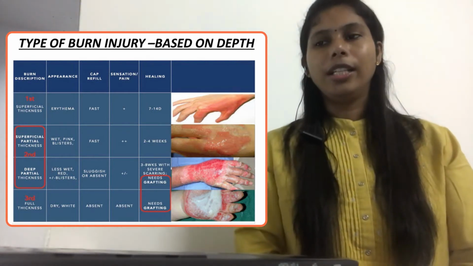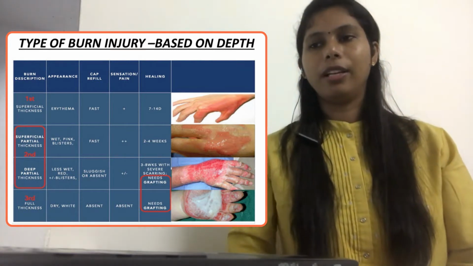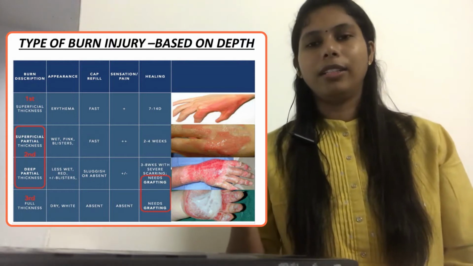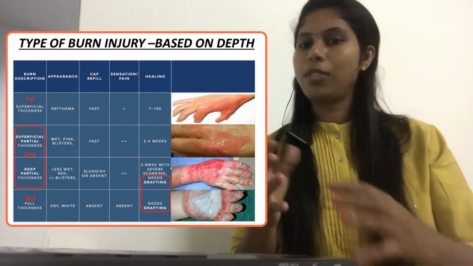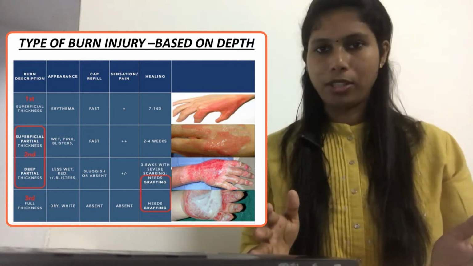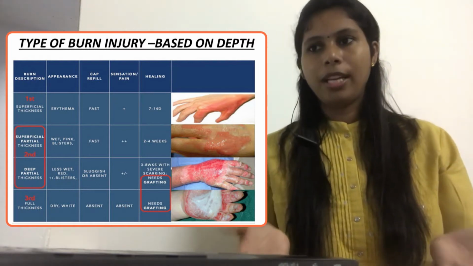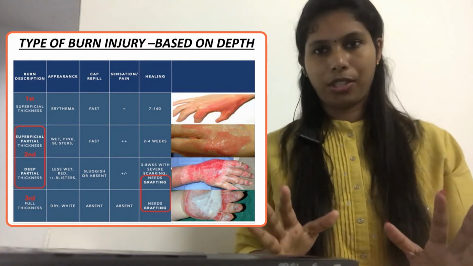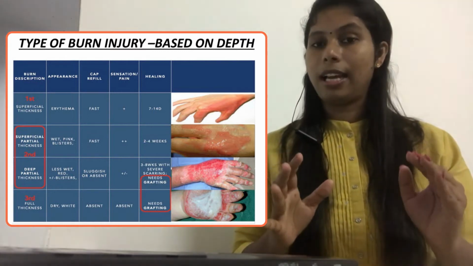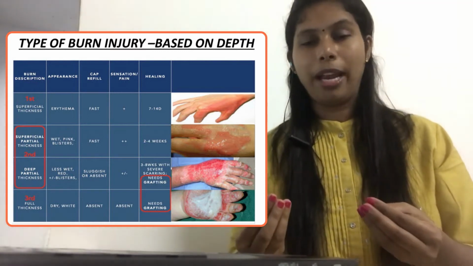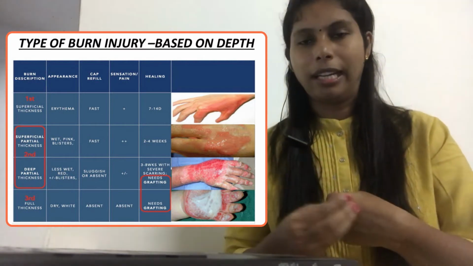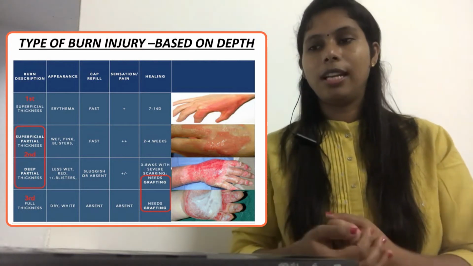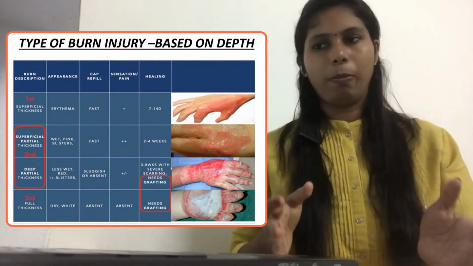In this one, the wound would be red to white, more white, and less wet. Sometimes there is a blister, sometimes there is no blister, with or without blister. Then the capillary refill is absent or sluggish. Pain: in certain cases the client has pain or sensation during touch, and sometimes there is no pain.